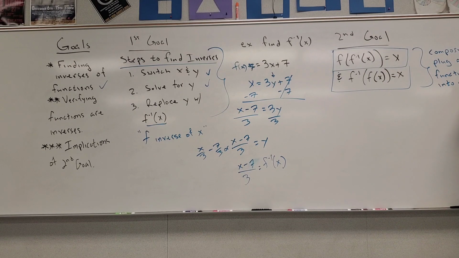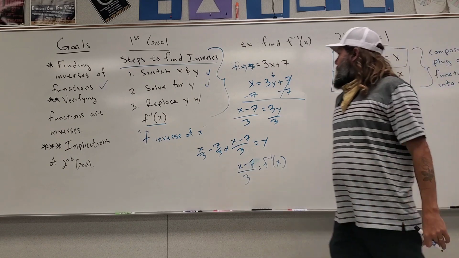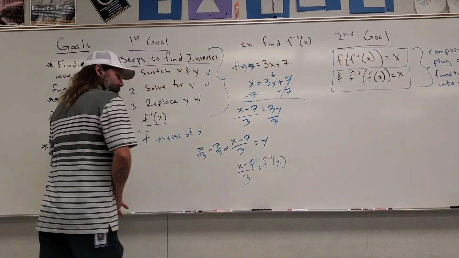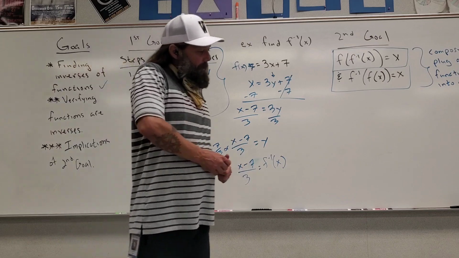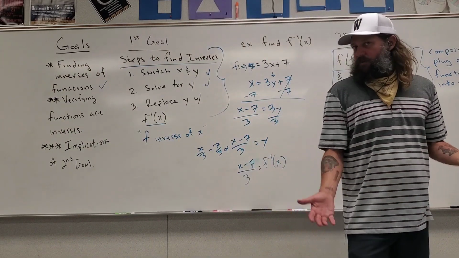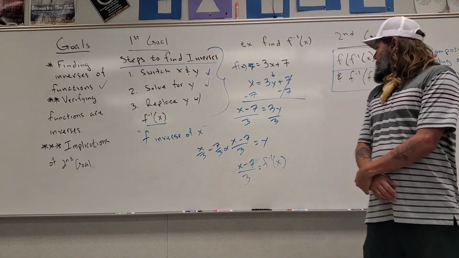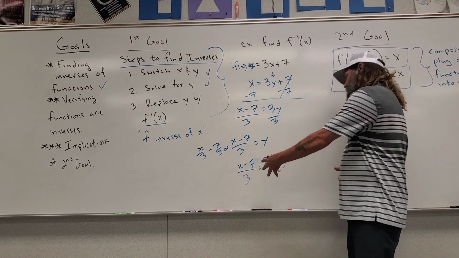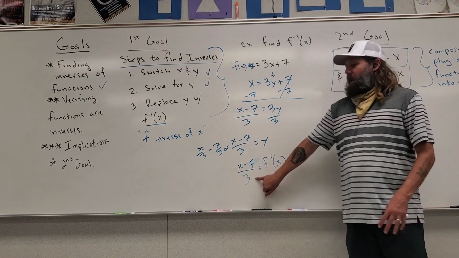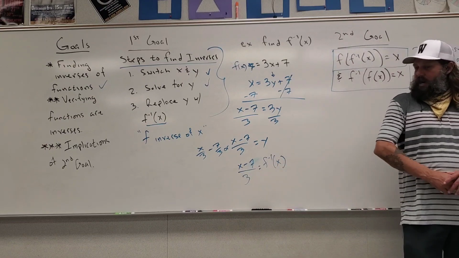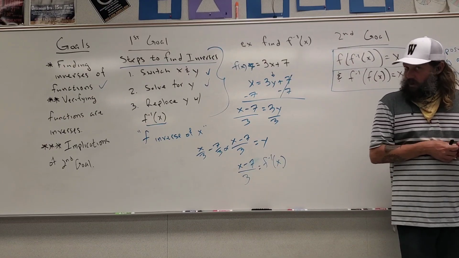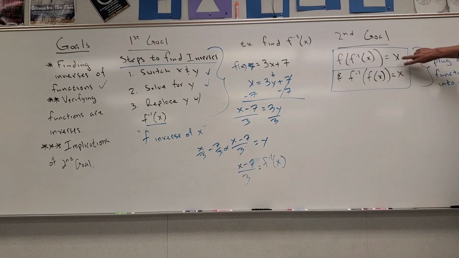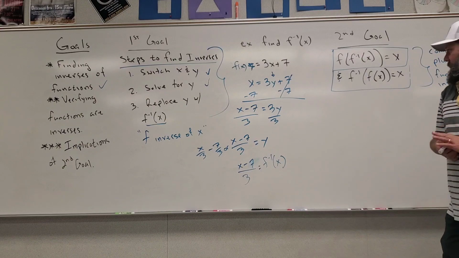And that's one of the things I wanted to do with these lessons about finding nice ordered pairs, right? Because I wanted you to get used to plugging in goofy looking numbers. But these goofy looking numbers that we plug in aren't going to create a nice number in return. What they're going to do is they're going to create x by itself. And that's how we know we have an inverse.